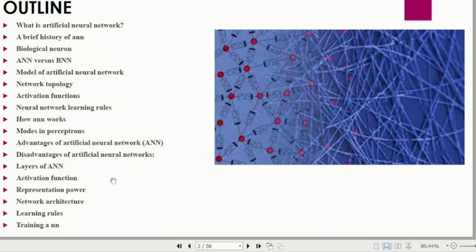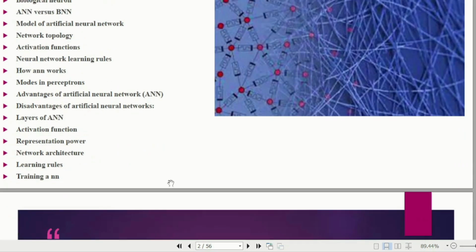We will go through a brief discussion of the activation functions. Then we will go through the representation powers of the ANN, then learning rules. At the end, we will go through the training of the ANN. So let's move forward, starting from what actually the ANN is.